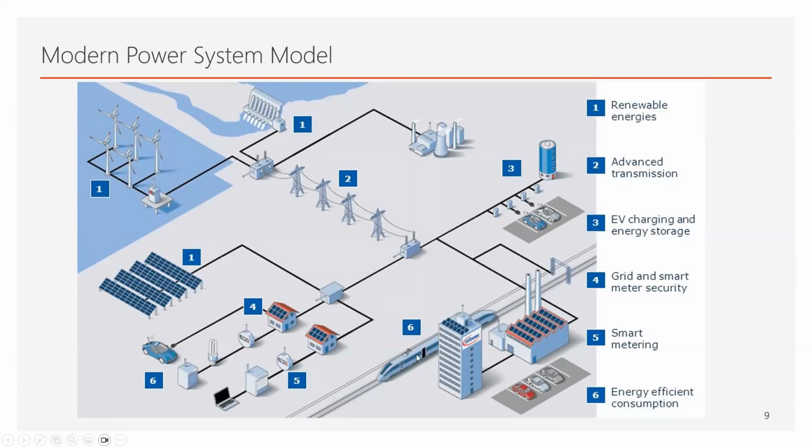If we look at number 6, which is energy efficient consumption, we have electric trains, energy storage elements, and EV charging. And in number 4, which is this one, grid and smart meter security. We have smart metering on the net smart meter that is given here. So this is an example of a modern power system.